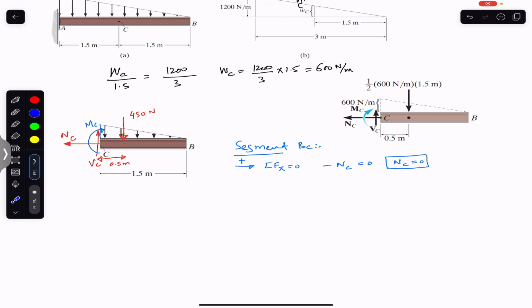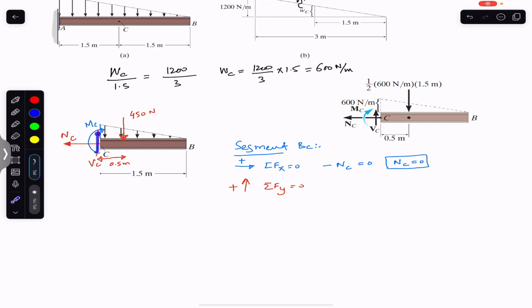Considering the segment BC, we can apply the summation of forces along x. The summation of forces along x gives us NC equals 0. Now we apply the summation of forces along y, which must equal 0. The upward direction is our positive direction.